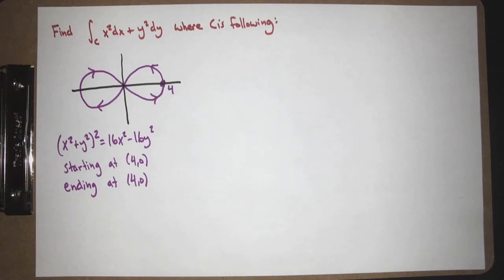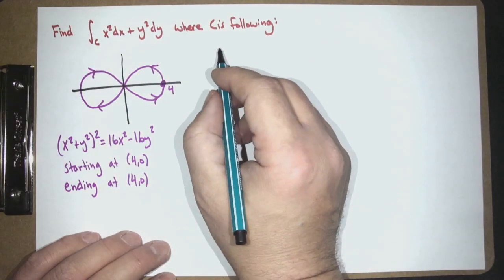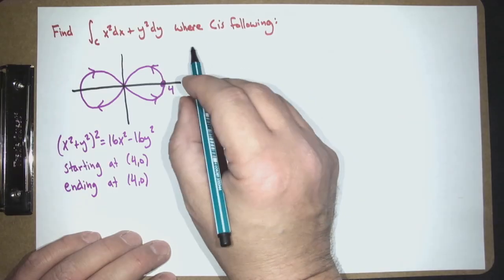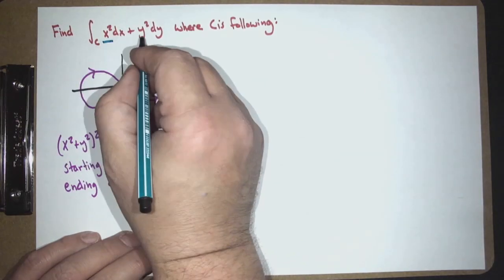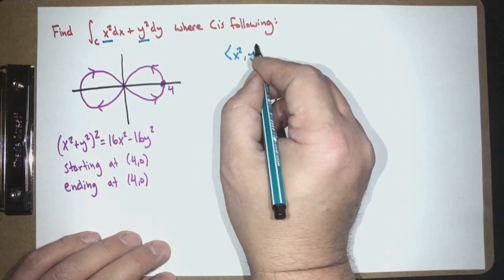What would we like to be true? We would like to say this is a conservative function. So if we get nervous and say this doesn't look like a pleasing line integral, maybe we're not supposed to do it as a line integral. Maybe we're supposed to say, let's see if there's a conservative function in play. All right, well, how can we check? So again, we look at what's in front of the dx and what's in front of the dy. So that's x squared and y squared.